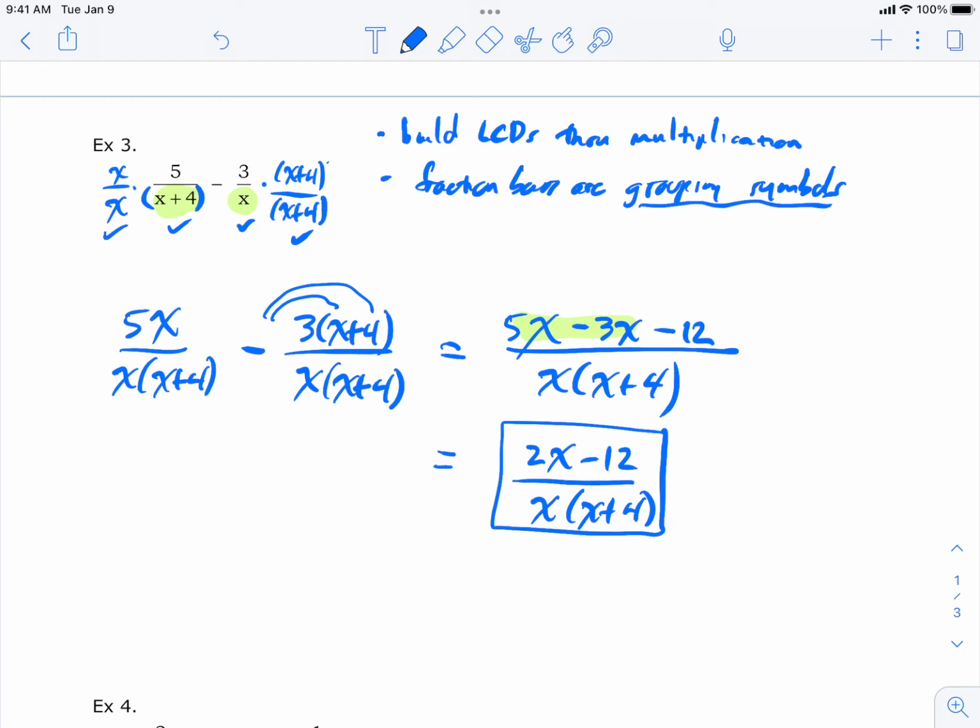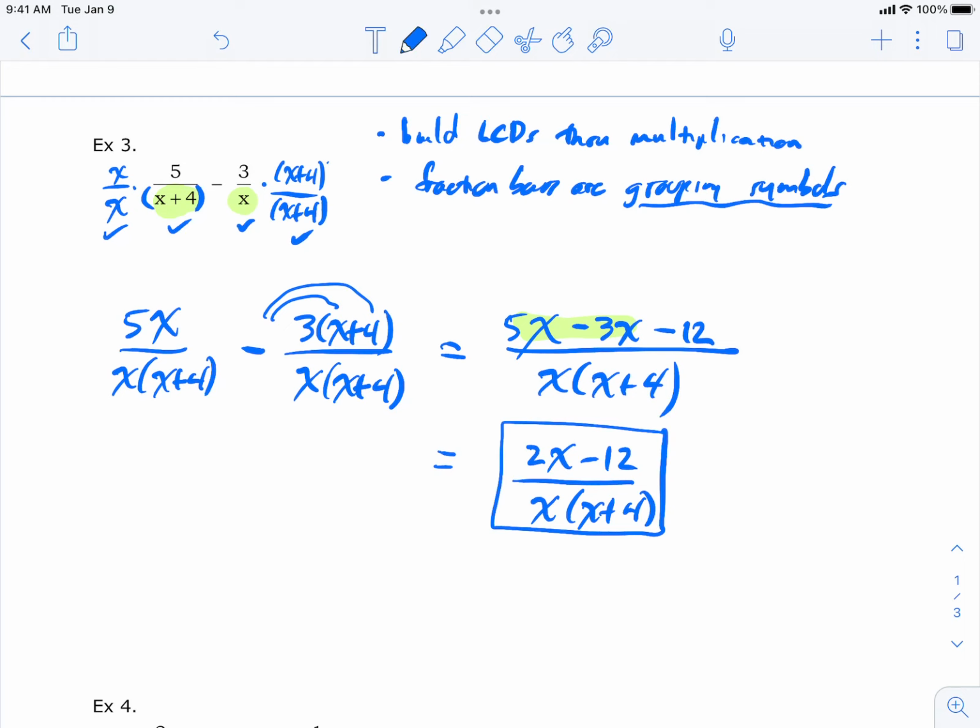Now notice I'm not bothering to multiply this out, right? Leave the denominator factored. Factored form is usually a highly desirable form anyway. Don't bother multiplying it out. You're just making more work for yourself, and it doesn't even look as pretty when you're done.